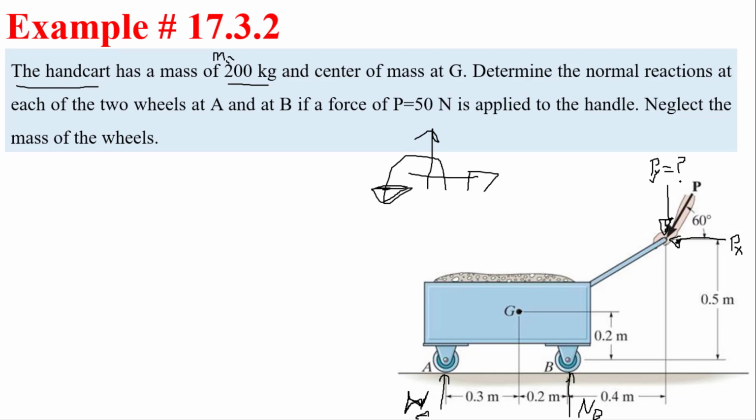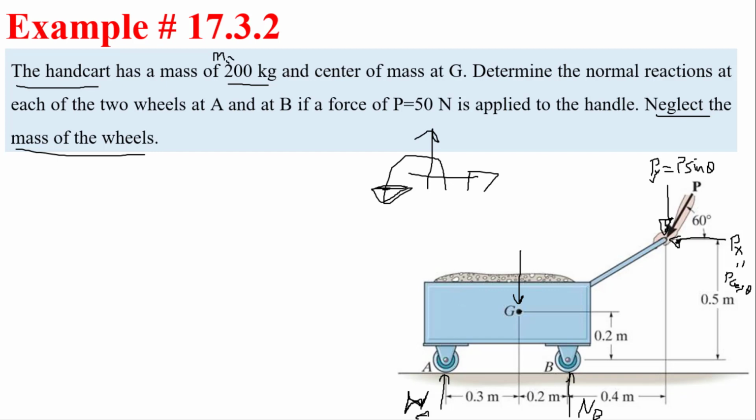In the negative y direction it is P sine theta, or sine 60, and the other is P cosine theta. Neglect the mass of the wheels. So we have only the mass of the crate, which is downward.